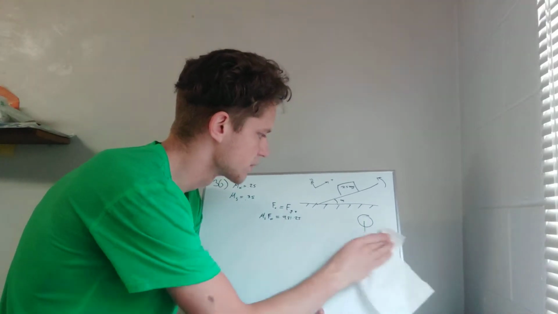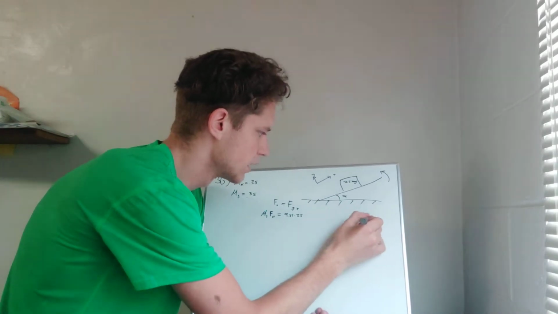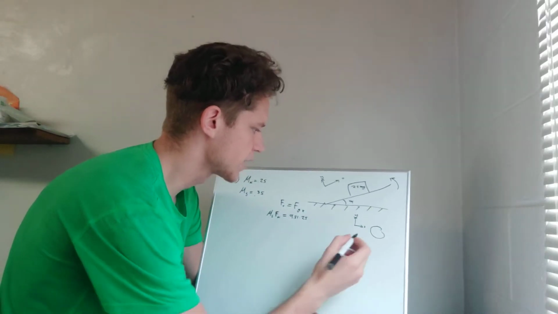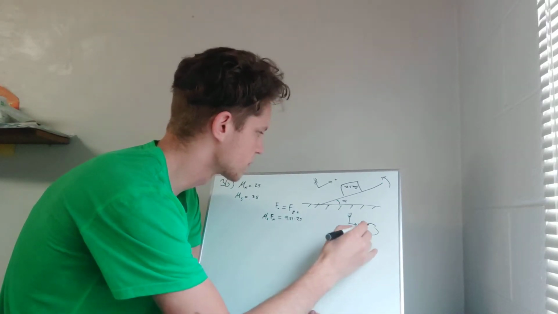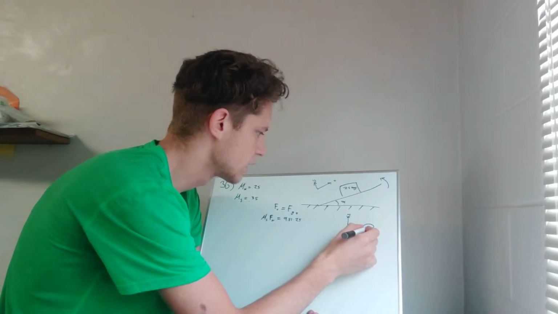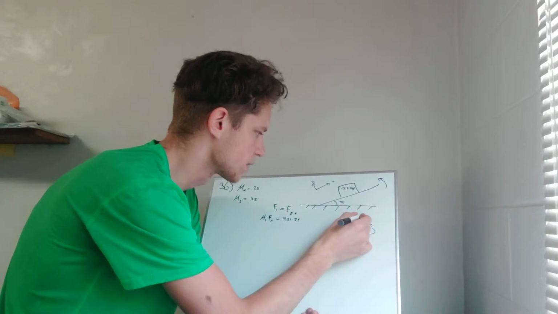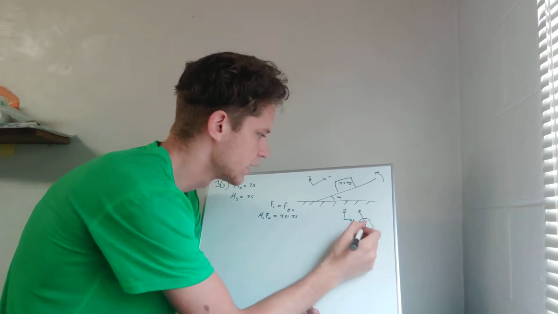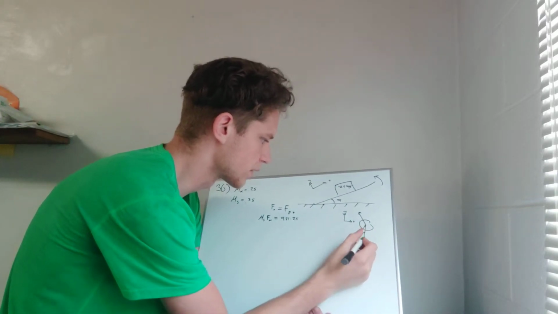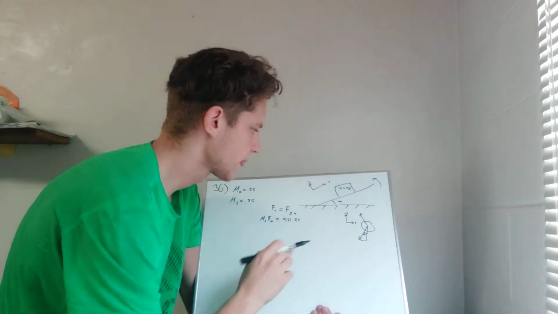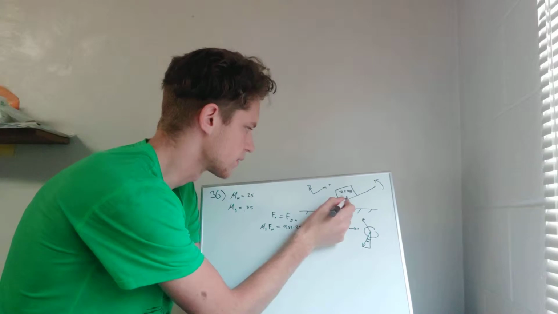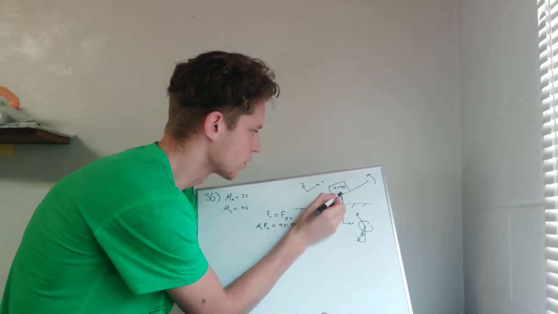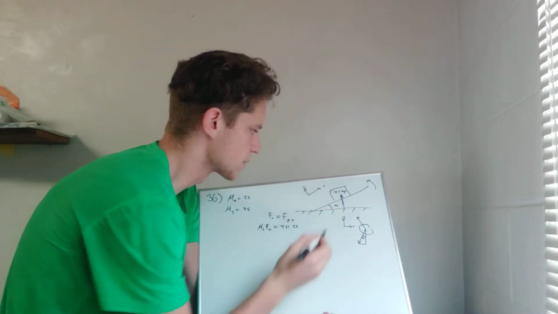Actually, if we reorient this so it's matching our coordinate system here, so this is positive x and this is positive y, you're going to have the normal force pushing up, and then you're going to have gravity coming down here at the same angle alpha that the ramp is at, because the angle between the normal force, which is pushing up like this, and gravity is going to be alpha.